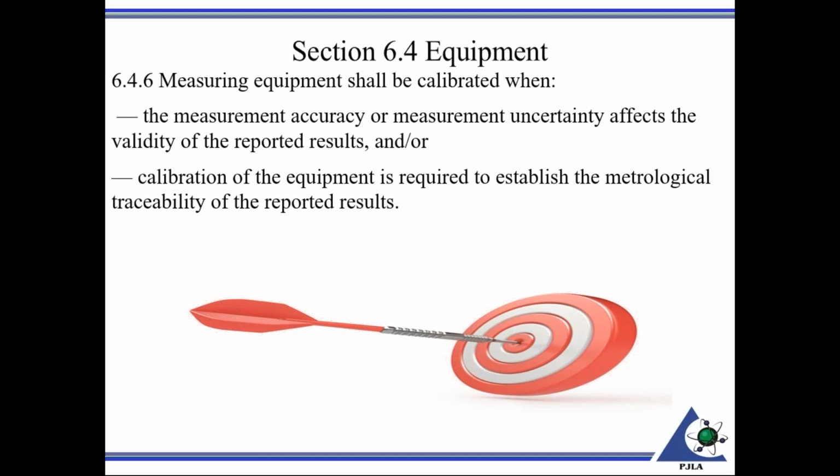Calibration is required to establish metrological traceability on the reported results. By definition, traceability includes the measurement uncertainty. Hence, if you need to establish metrological traceability, of course, you want to assure that the equipment is calibrated and you have that uncertainty associated with the calibration.